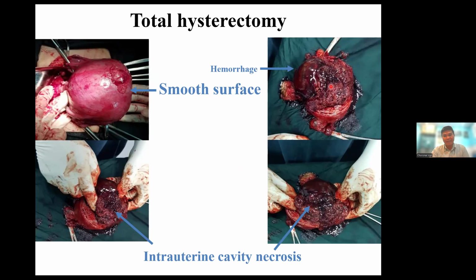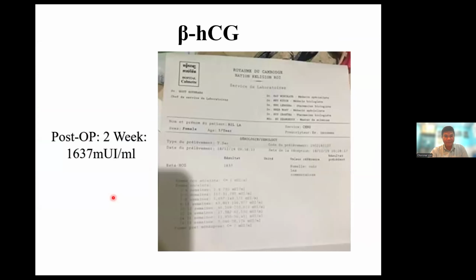When he cuts, it shows hemorrhage and necrosis inside the uterine cavity. Hemorrhage with necrotic area. After surgery, the clinician controlled the beta HCG again, and it went down.